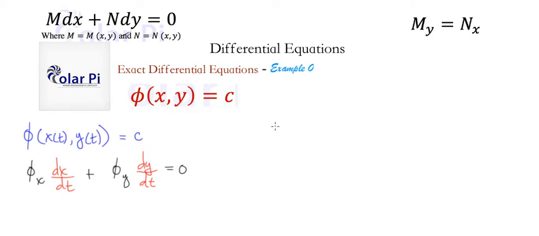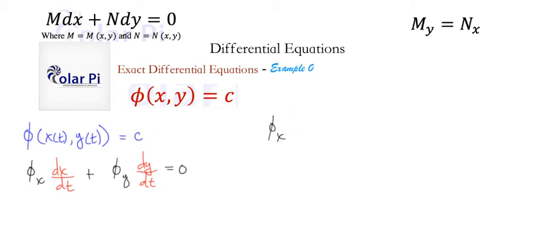We'd start again with the partial with respect to x of phi, so phi sub x, but then we multiply by dx over dx, because this time we're taking the derivative of this equation on both sides with respect to x. That's just 1, so I won't bother.